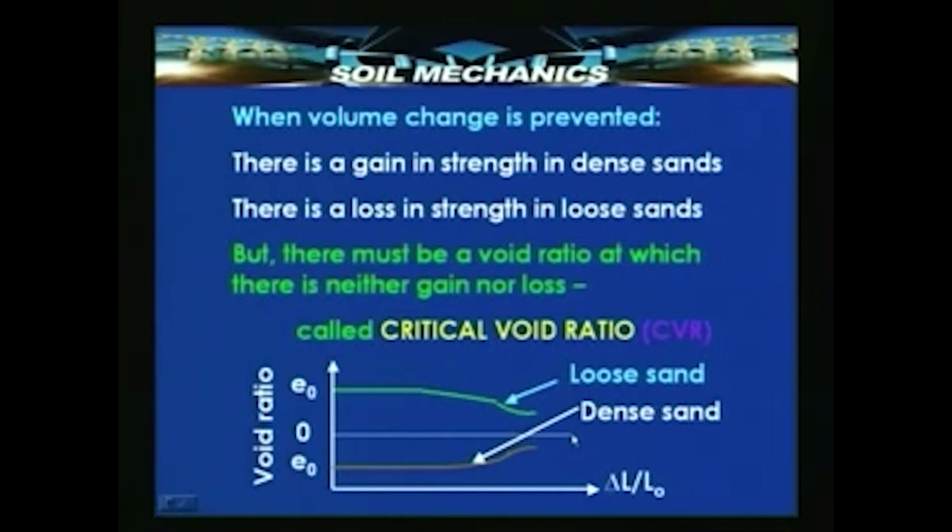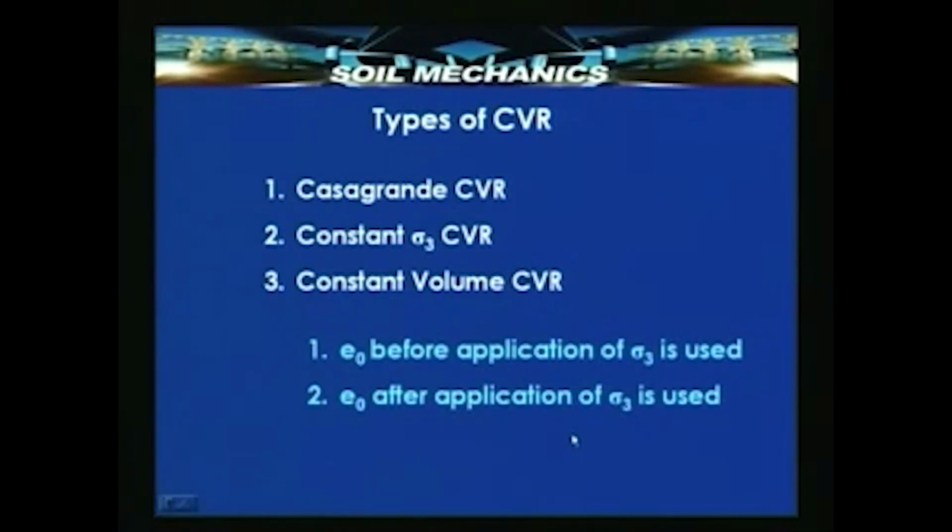That means this void ratio is a critical value at which neither gain in strength nor loss in strength is there, and the soil is neither dense nor loose. It is at this void ratio that volume change does not take place, and therefore soil undergoes liquefaction during shear.